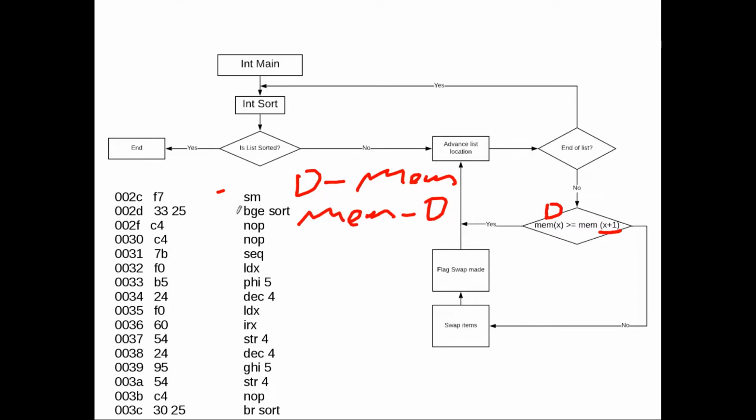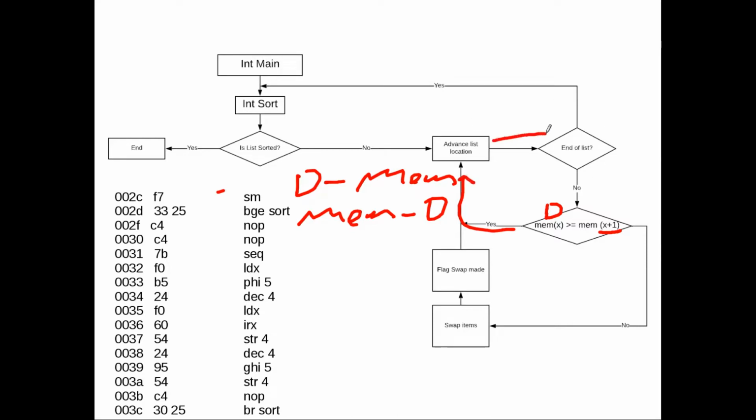It's branch if greater than or equal to the sort. So if this is greater than or equal to memory location X, it just advances the list position, goes up to sort, and then goes through this loop.